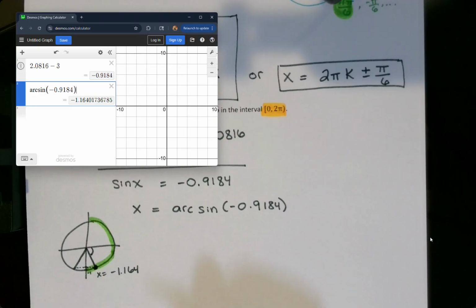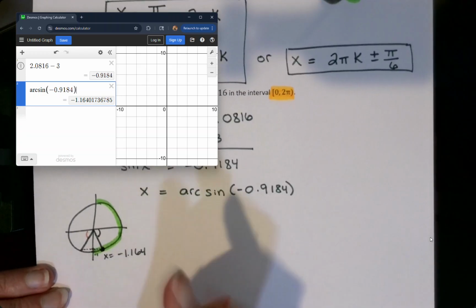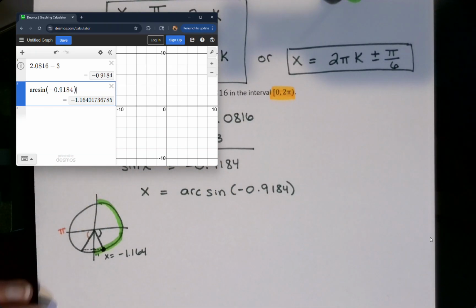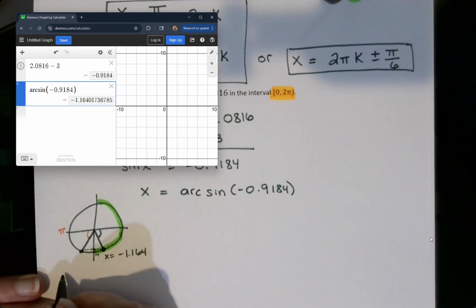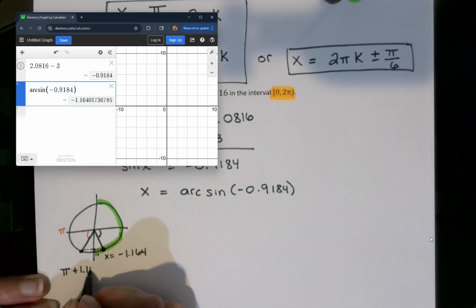The other angle that we need to find is going to have a reference angle that is the same size. So it's going to be past the angle pi by a measure of 1.164. So this next angle right here is going to be at pi plus 1.164.